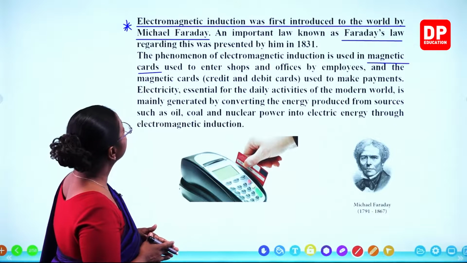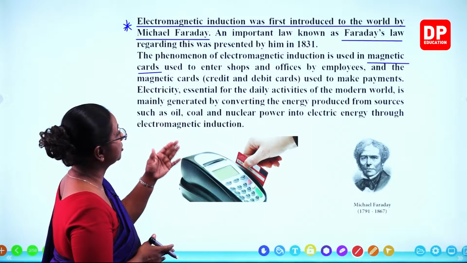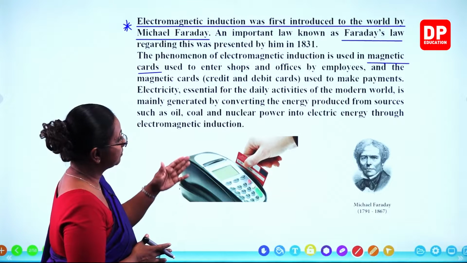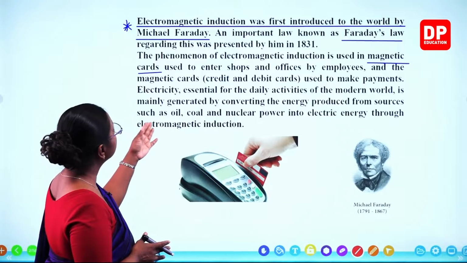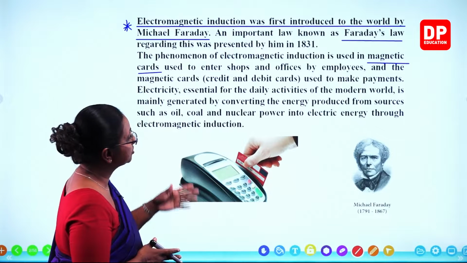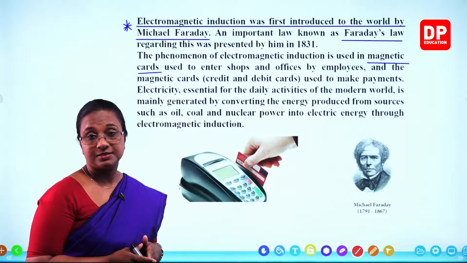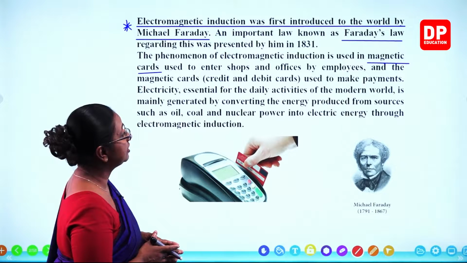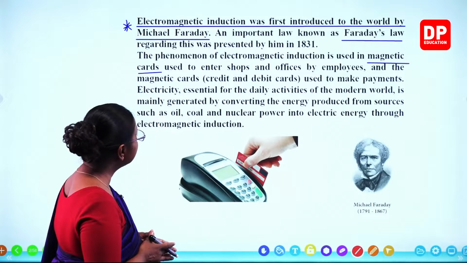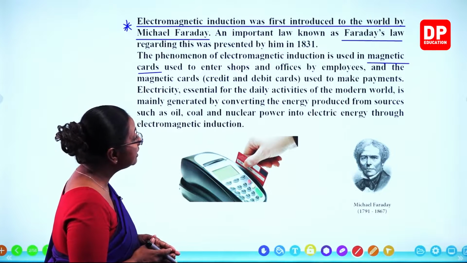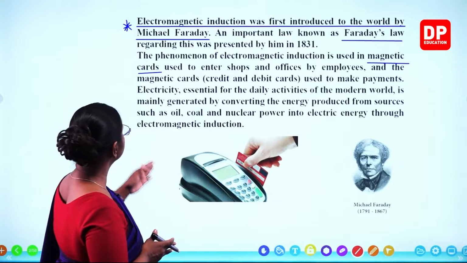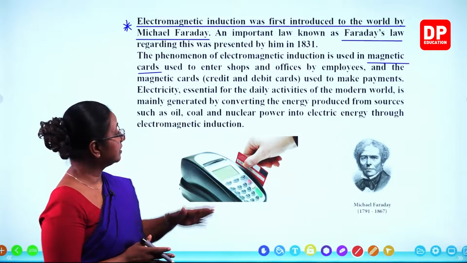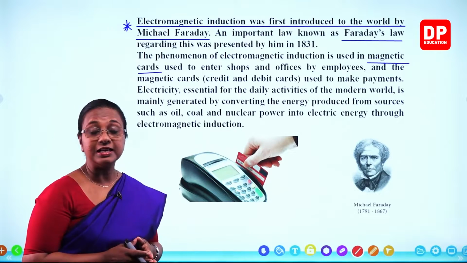So you can see the phenomenon of electromagnetic induction is used in magnetic cards used to enter shops and offices by employees, and in credit and debit cards used to make payments. Electricity, essential for the daily activity of the modern world, is mainly generated by converting the energy produced from sources such as oil, coal and nuclear power into electric energy through electromagnetic induction.